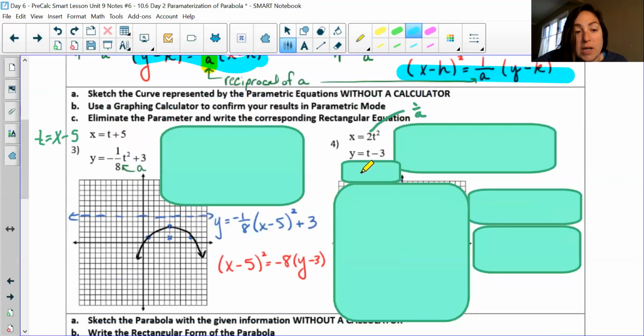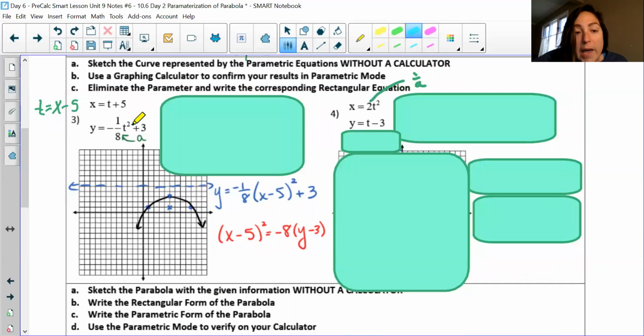So in this equation, since our y has a t squared, I know that it's going to be an x squared equation. Again, inverse relationship there. So it's going to be a vertical parabola, opening up or opening down.